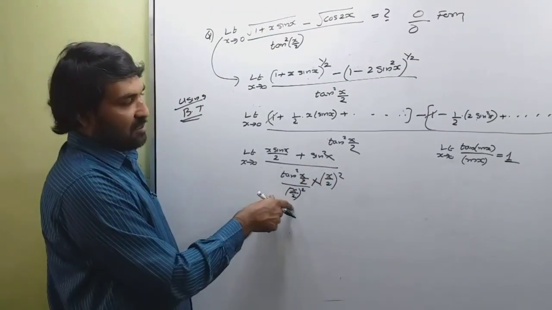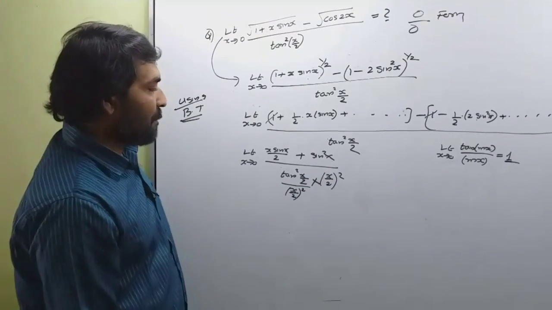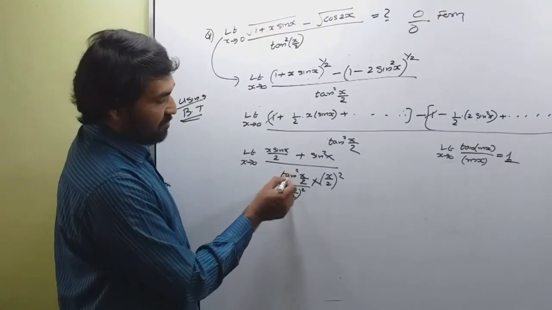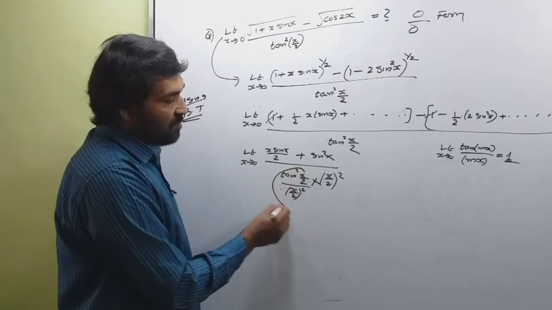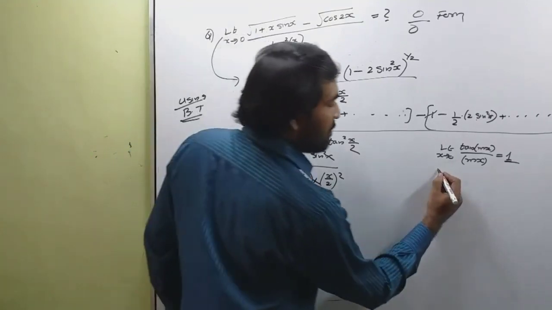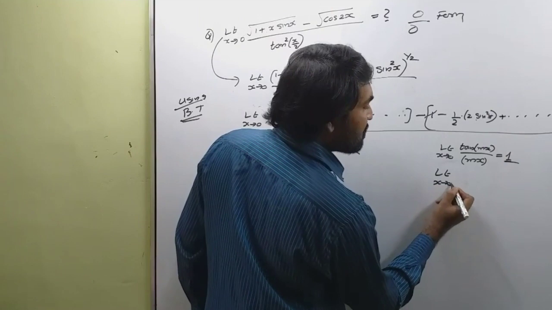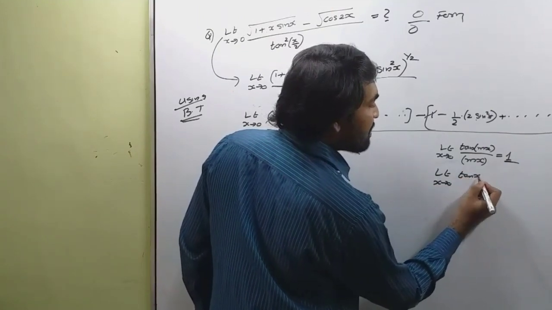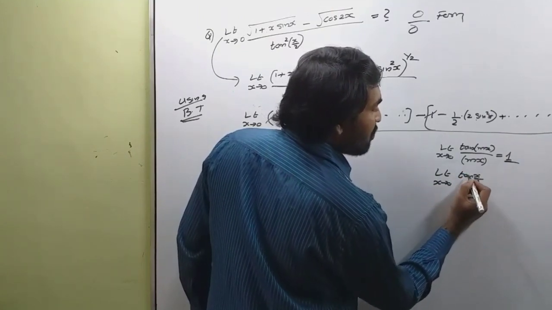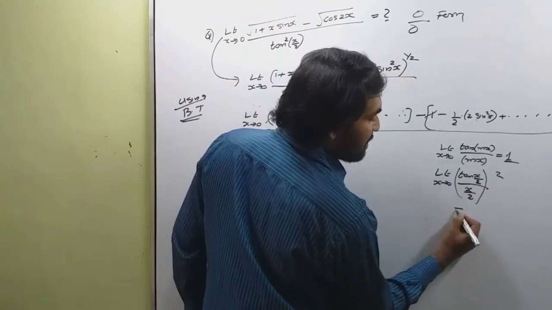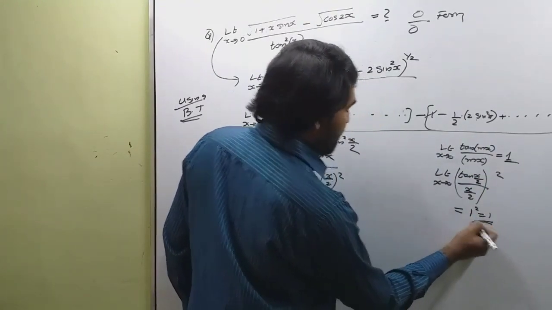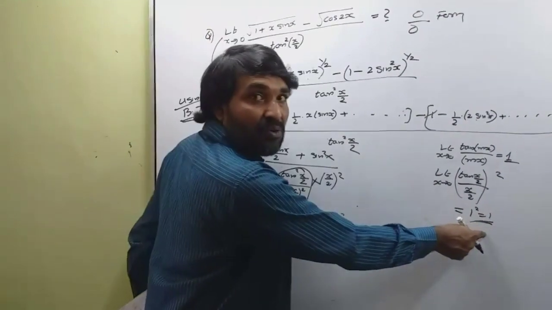So this is balanced. Now the value of this limit is equal to 1. That is limit x tends to 0, (tan(x/2))/(x/2) the whole square, that is 1 square, equal to 1.